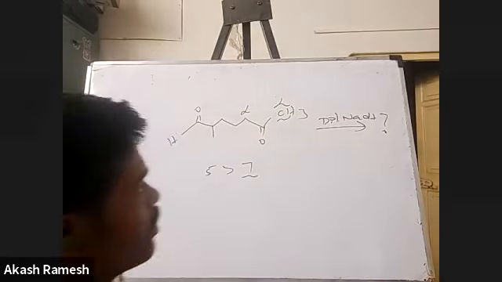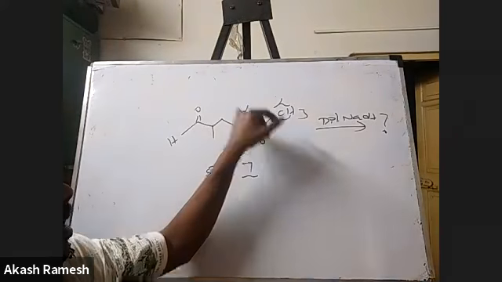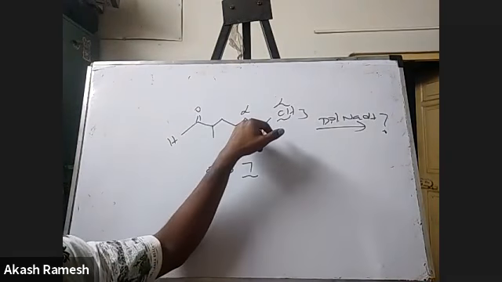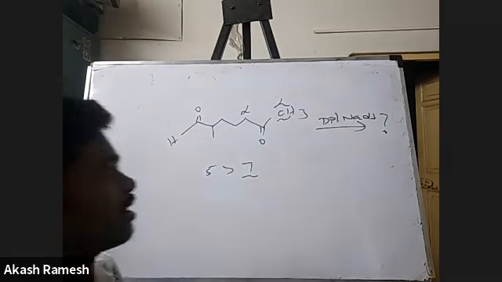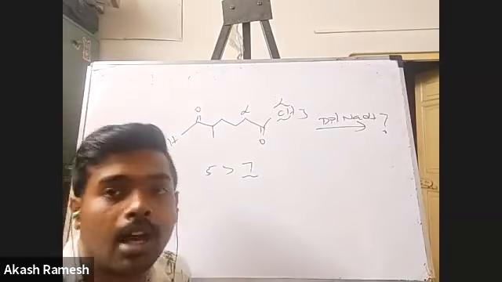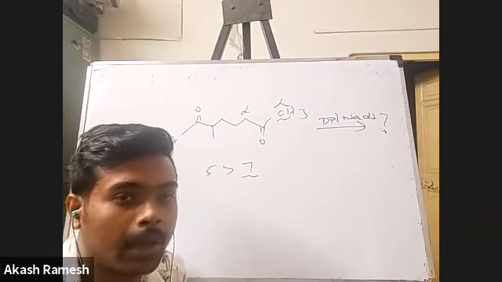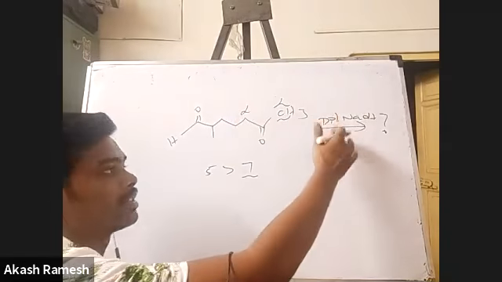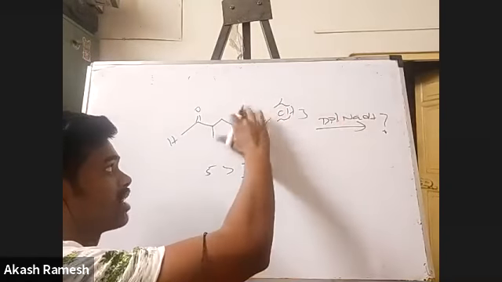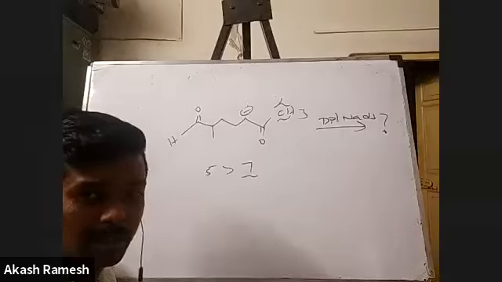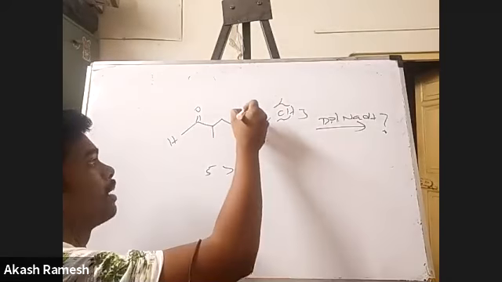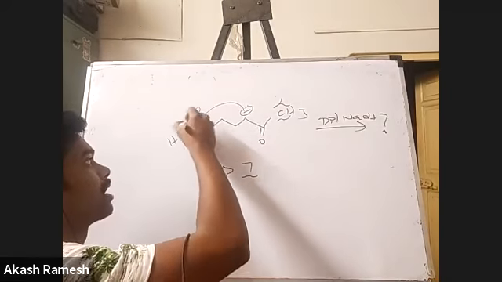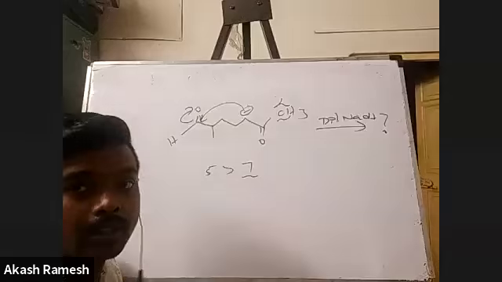So obviously what you have to do is remove the alpha hydrogen from this and make the carbanion attack this aldehyde carbon. Okay, right. So now we'll do that. After removing the H plus, I'll form a carbanion here, right? Now this carbanion comes and attacks this carbonyl carbon, and this bond breaks.